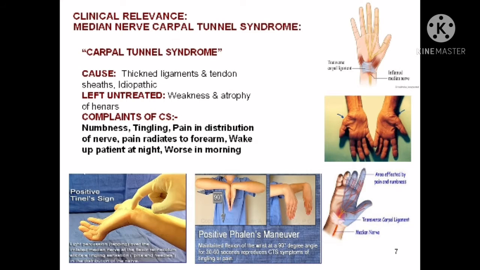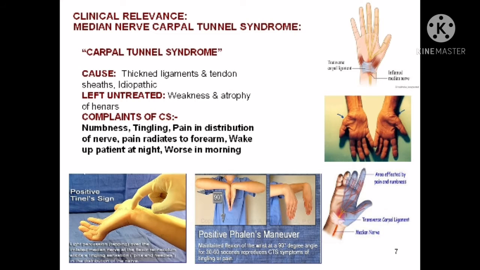The sensory complaints may be numbness, tingling, pain in the distribution of the nerve as shown in the palm of the hand on the right side, and the pain may radiate to the forearm, wake up the patient at night, and may be worse in the morning.